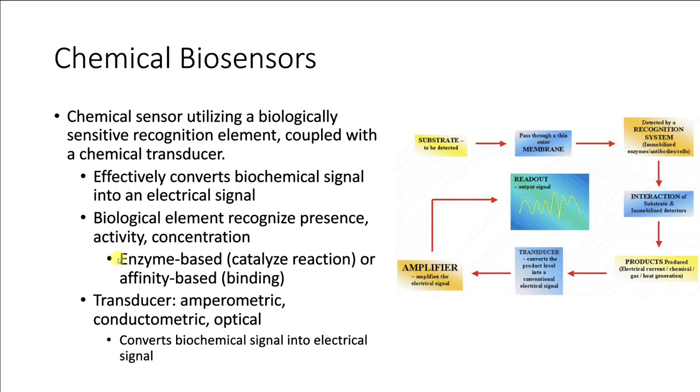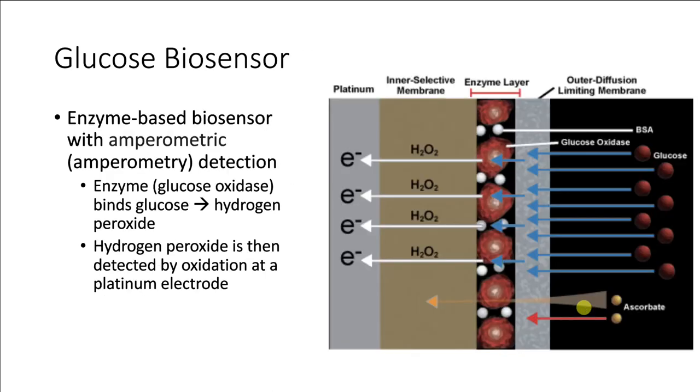Usually it'll be enzyme based, which will help catalyze the reaction, or we could also use binding affinity based biological elements. But the role of either one of these is to help recognize the presence, activity, or concentration of what we are measuring. Our transducer will usually be amperometric, conductometric, or optical. Basically, its job is to convert this biological signal into some sort of electrical signal that we can then measure and read.